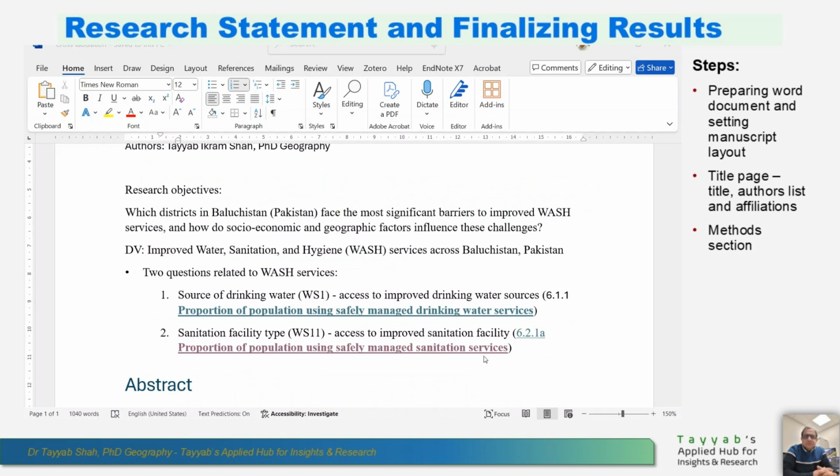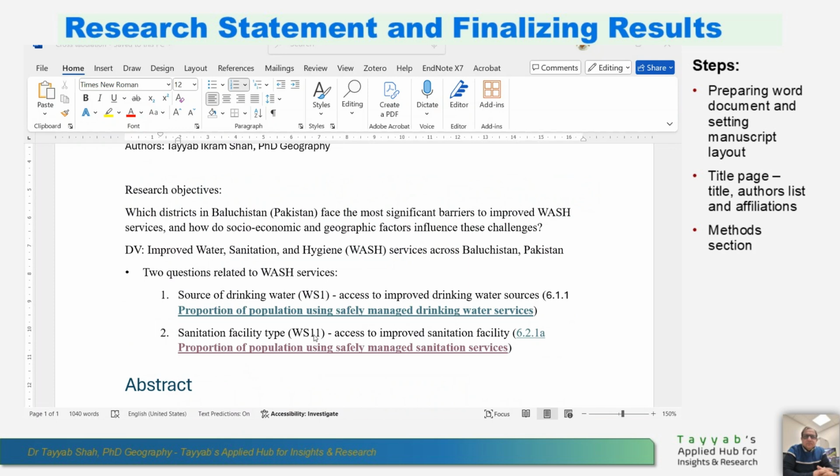When we look at these two indicators, there are two questions in the Multiple Indicator Cluster Survey. WS1 is the source of drinking water, which can be categorized into improved and unimproved sources. Similarly, the sanitation facilities question is WS11, which you will usually find in the MICS, talking about improved versus unimproved sanitation facilities.